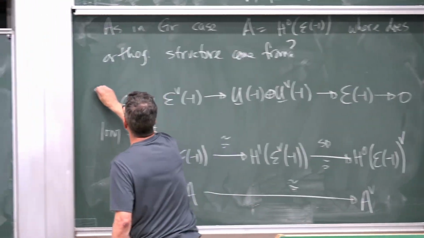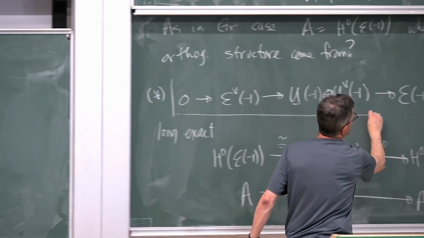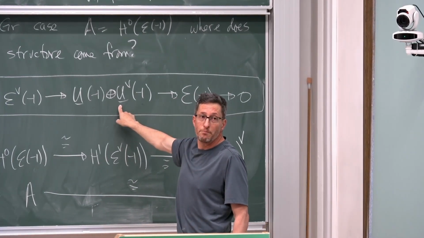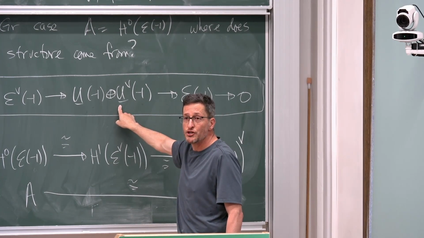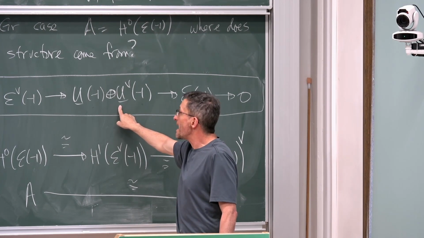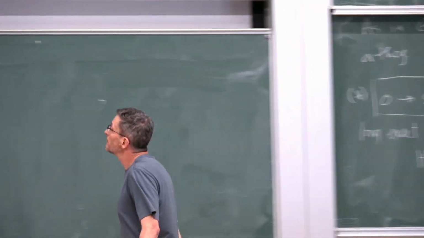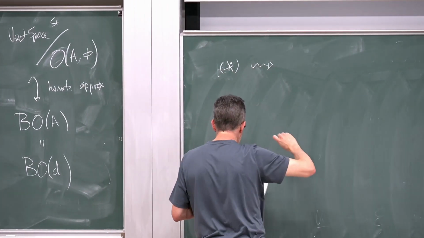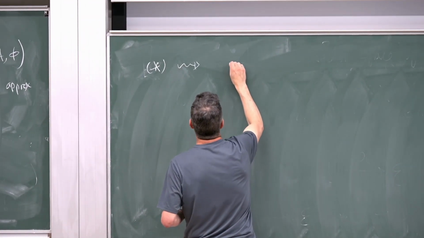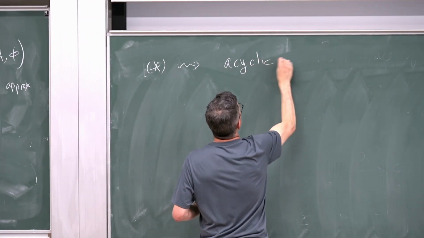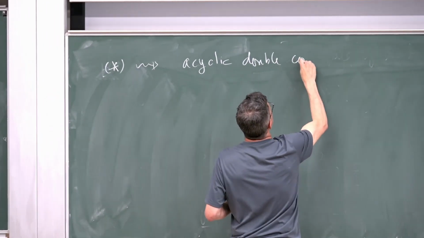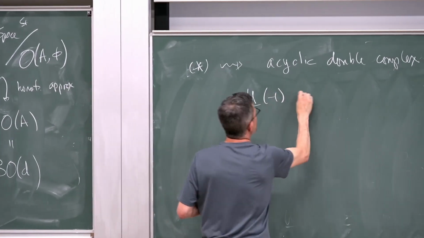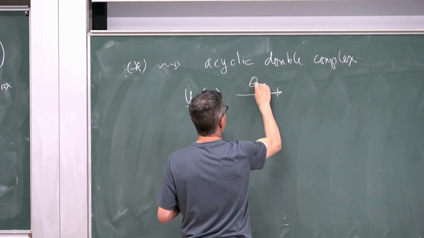So whenever you have an exact sequence like this, here's a fun little trick from homological algebra. If you have an exact sequence where the middle term is a direct sum, of course I can turn this into an acyclic double complex. And so star gives rise to an acyclic double complex. So let me put the maps in here.